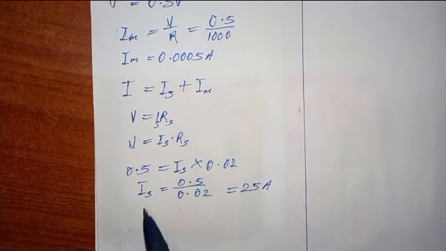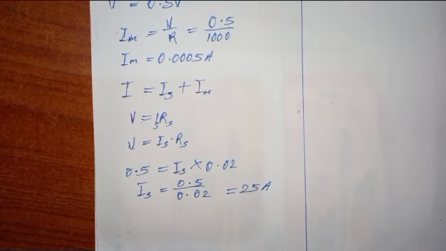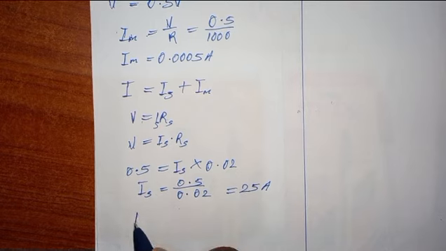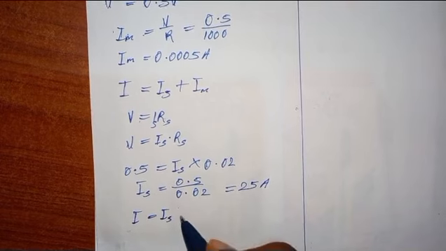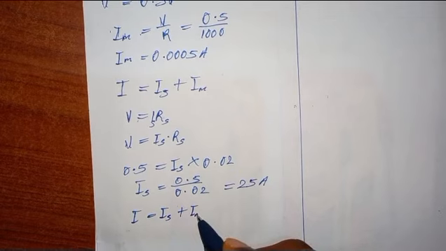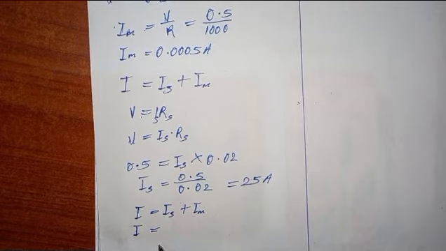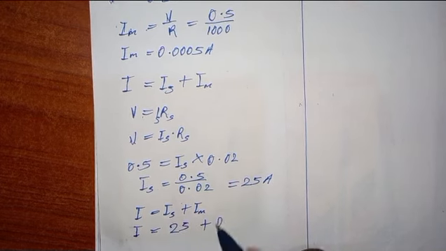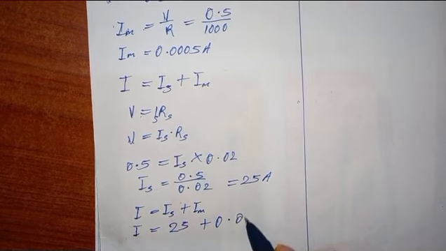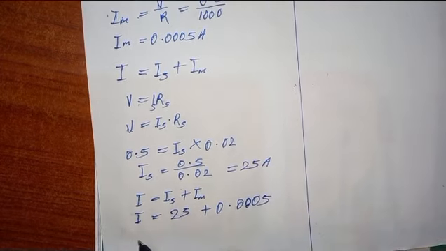Now, since we have the Is and the Im, we solve for the total current. The total current I equals Is plus Im. We know Is to be 25 amps plus Im, 0.0005.